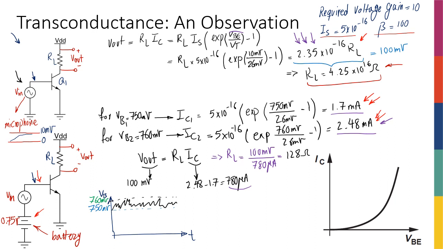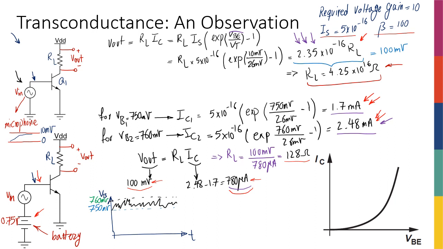So the range of current variation is going to be 780 microamperes. Okay, and therefore, because I want 100 millivolts voltage variation at the output, I need to have an RL that, when multiplied by 780 microamp, gives me 100 millivolts. And I found that RL to be 128 ohms.